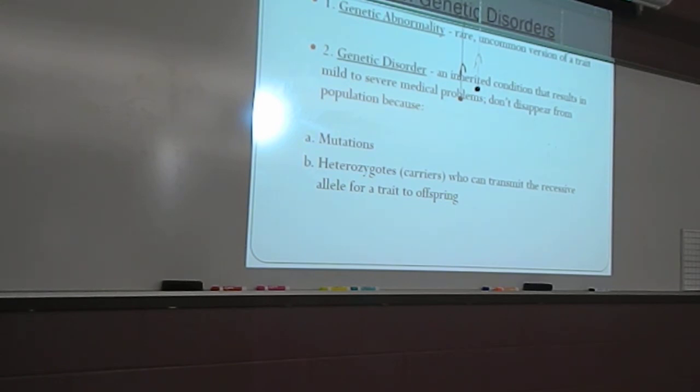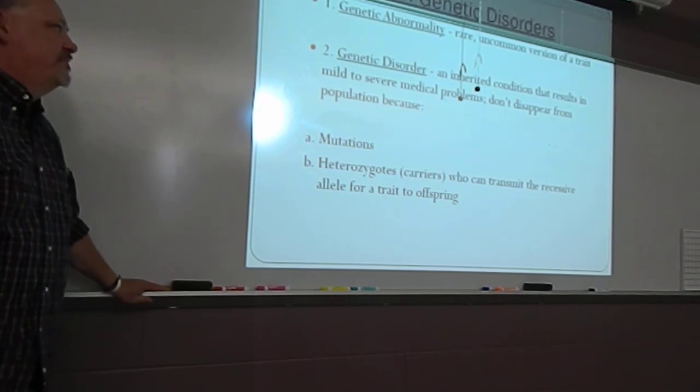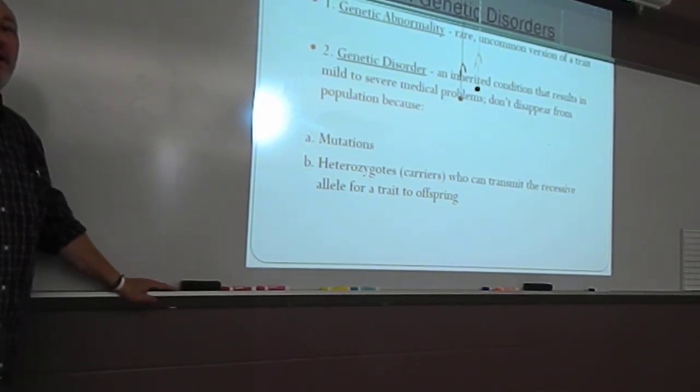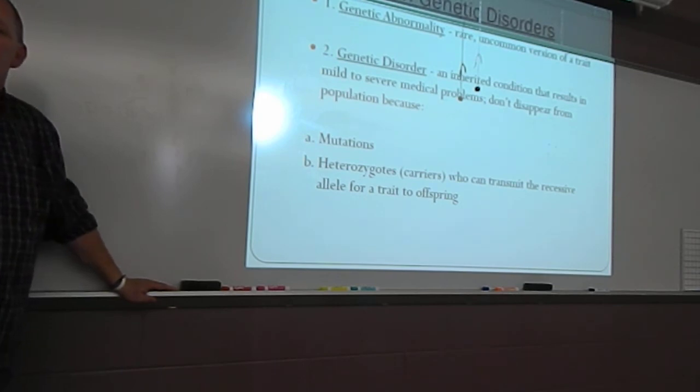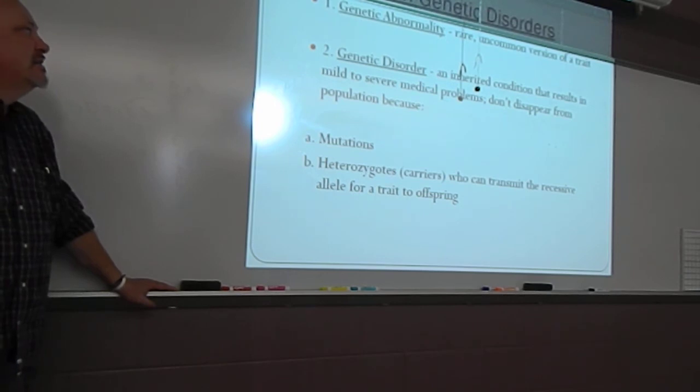Especially if you're thinking about having children, they might ask if you want to do a karyotype and check the chances or risks that you would have of carrying a disease.